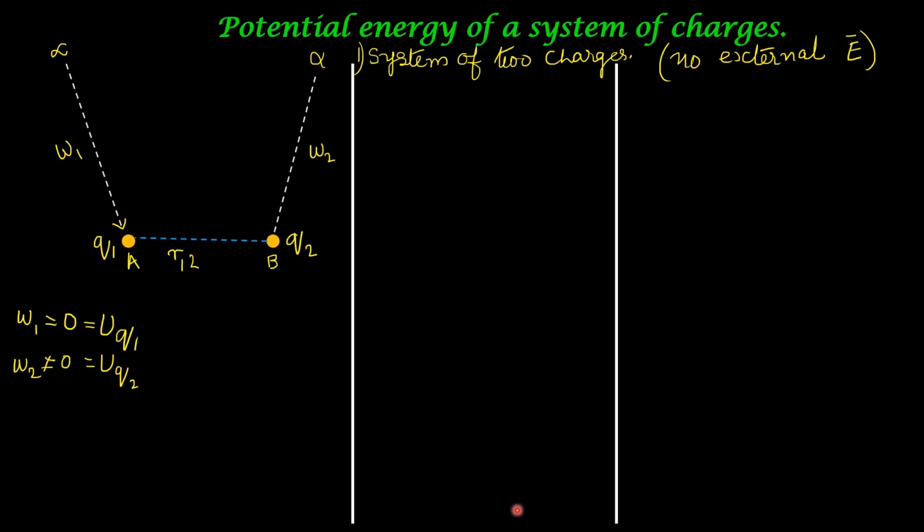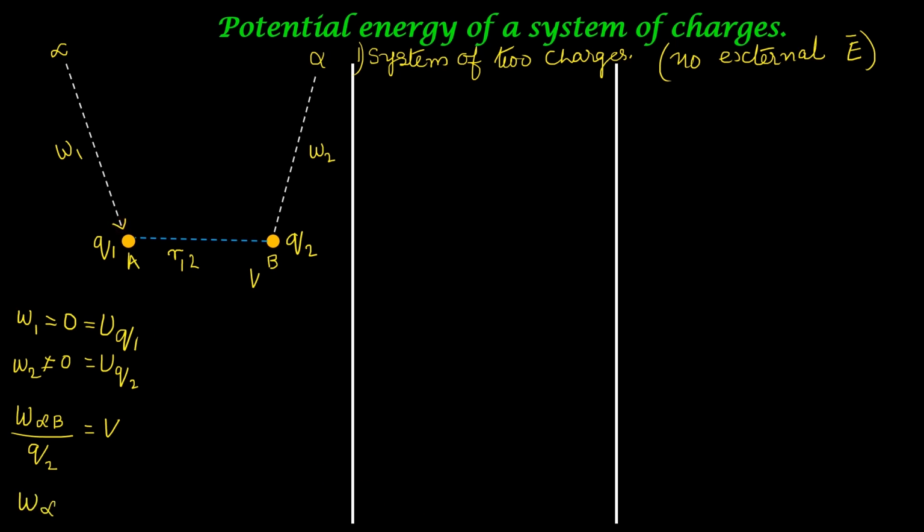In order to get the value of UQ2, we have to calculate the work done on Q2. That is W2. We know the formula work done from infinity to B for unit charge is equal to the potential at the location B. Let us mark it as V. The potential V at location B is due to the charge Q1 at location A. V is the work done for unit charge.